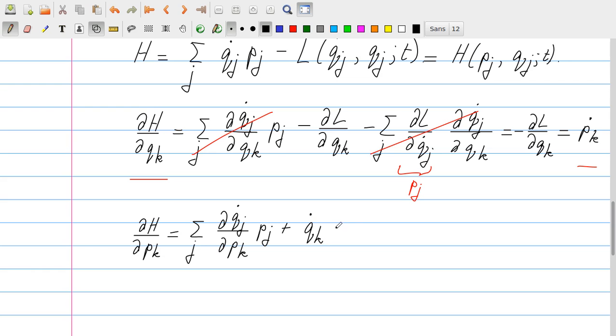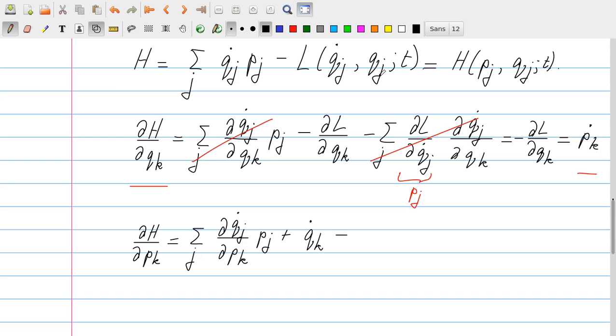Then we consider the Lagrangian. The qj is independent of pj, so that doesn't give a contribution when we take the derivative with respect to pj, but this one does, and it gives me a sum over j of ∂L/∂q̇j times ∂q̇j/∂pk.